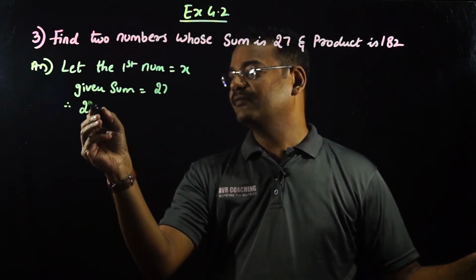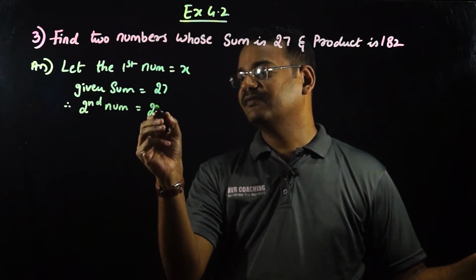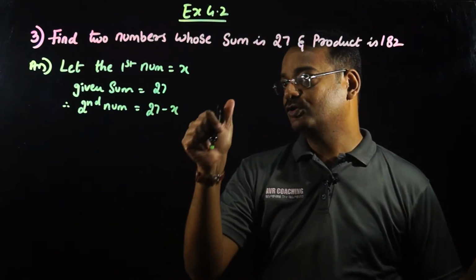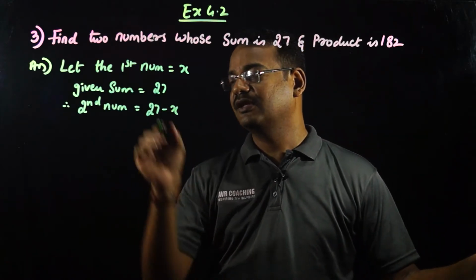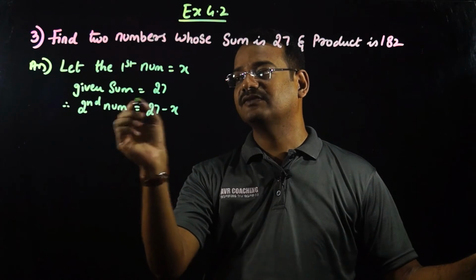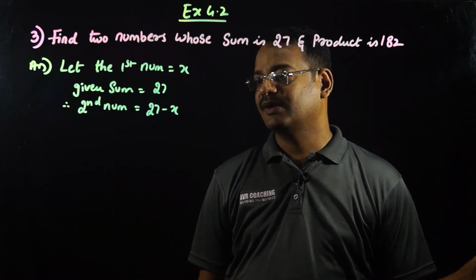Therefore the second number will be 27 minus x. If you are given two numbers and the sum is 27 and we are taking the first number as x, since the sum is 27, therefore the second number will be 27 minus x.